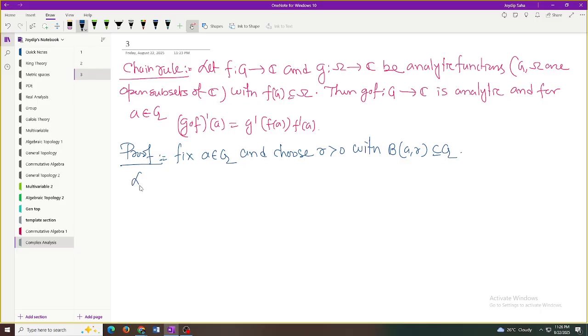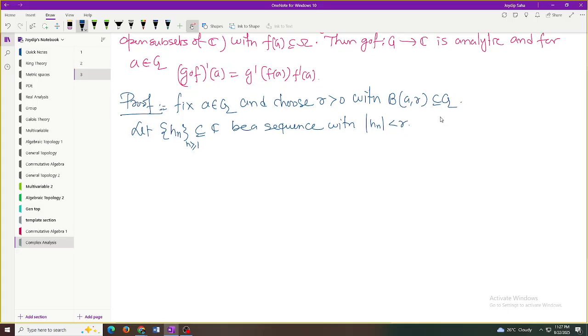Let h_n be a sequence with 0 less than mod h_n less than r for all n, so that a plus h_n belongs to G and limit of h_n is 0.